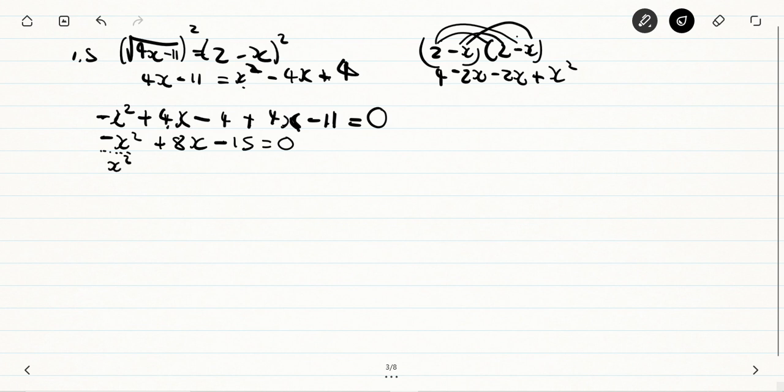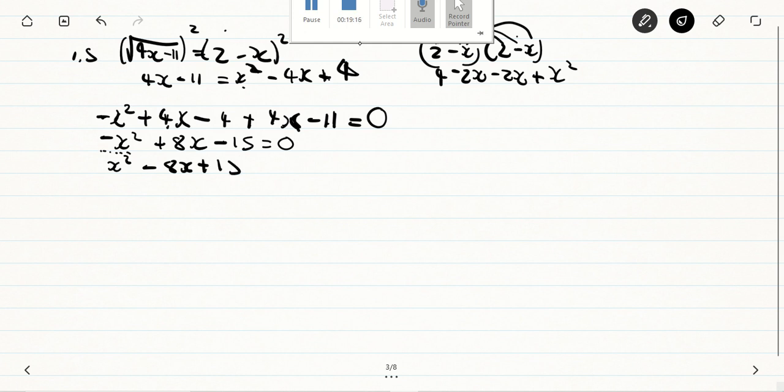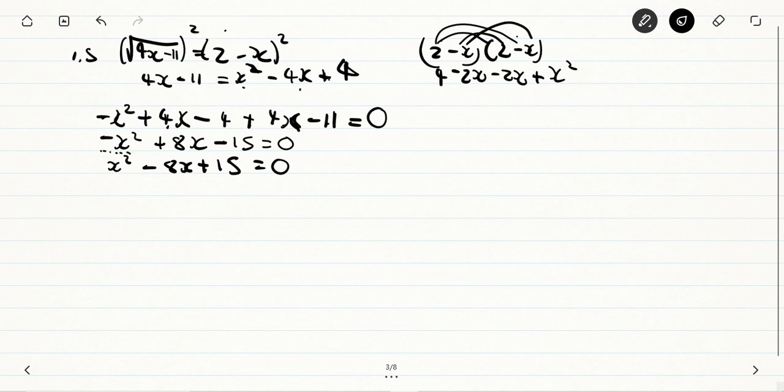We're going to have a positive x squared, so this is going to be negative 8x, and this is going to be positive 15. So we multiply by a negative throughout, and now it's easy to factorize this.